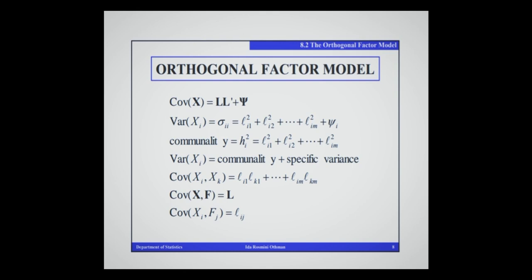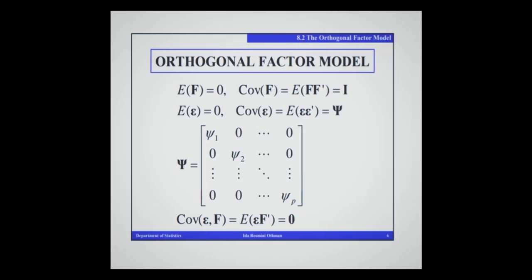Okay, ianya adalah variance of X. Also, the new info for you, we also can find the variance of X using the factor loading, which is you add up all the square value of factor loading, sehingga M tambah dengan psi I, which is the element dalam diagonal matrix tadi kat sini.